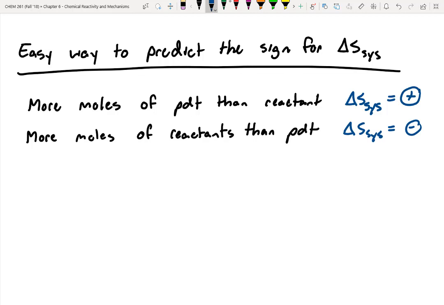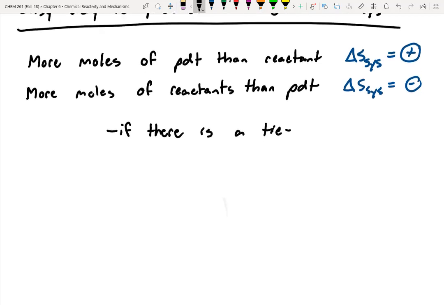The question is, what do you do if there's a tie in your reaction? What if the same number of moles going in come out of the reaction? If that's the case, you have to go to a tiebreaker rule. The tiebreaker rule is pretty easy to remember.